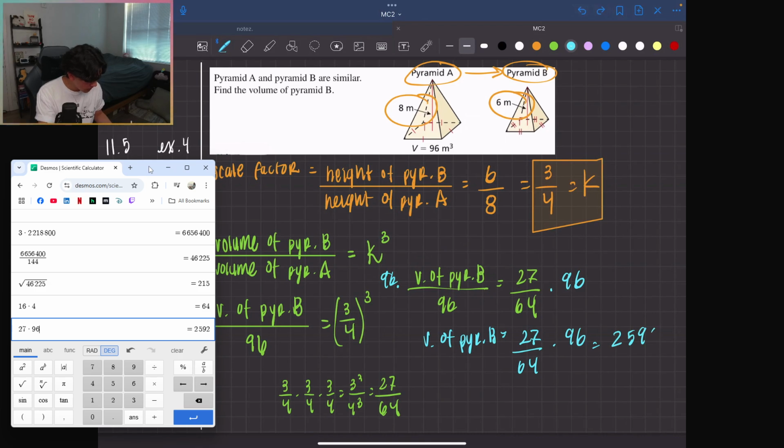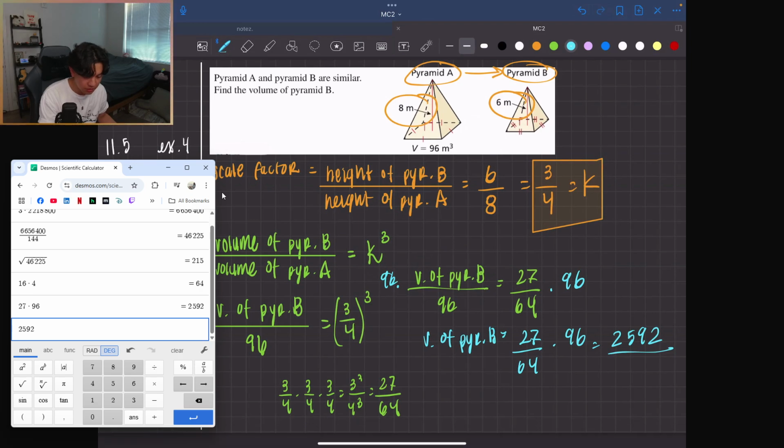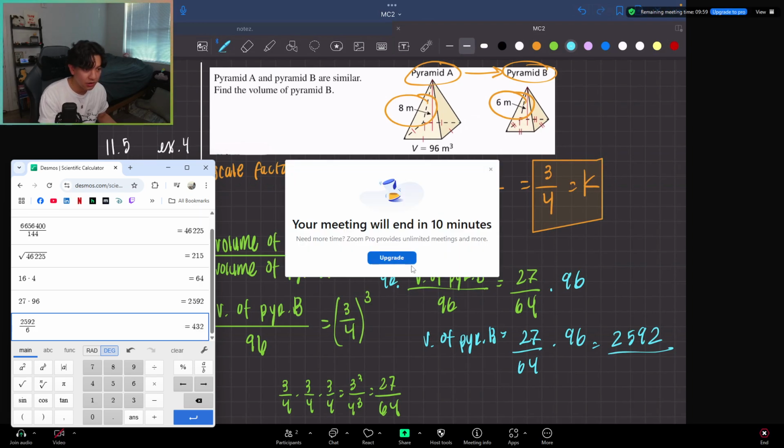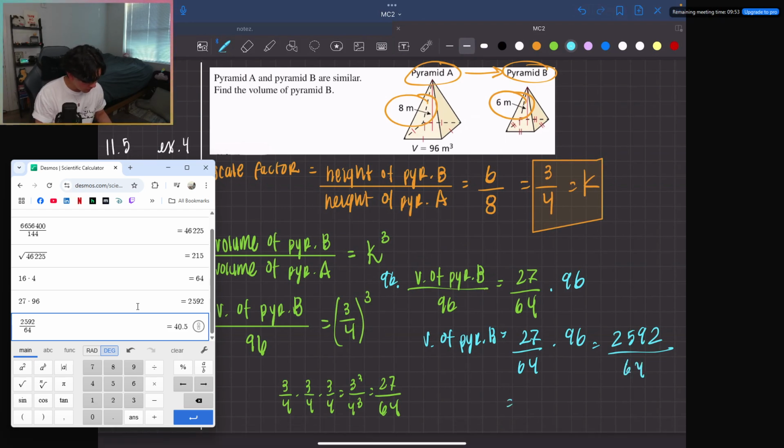Whoopsies. And we're going to divide that by 64. Oh, good thing we're almost done. That equals 40.5, and that is going to give us the volume of Pyramid B. So 40.5 cubic meters is the volume of Pyramid B.